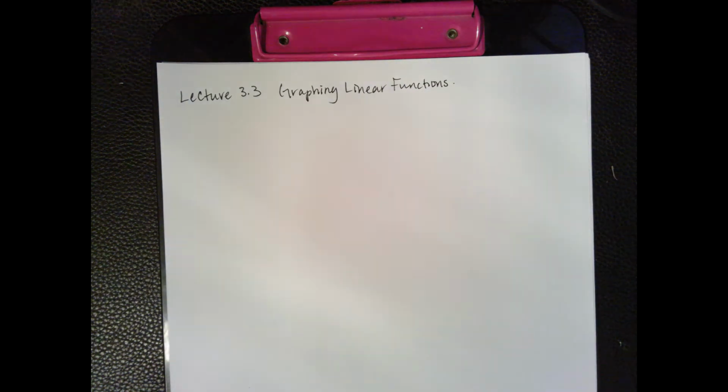Okay, so we already know how to graph linear equations. We're just going to go into a little bit more detail now that we've introduced what functions are and function notation.